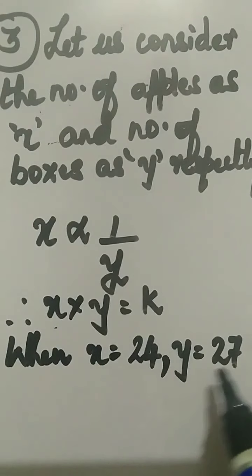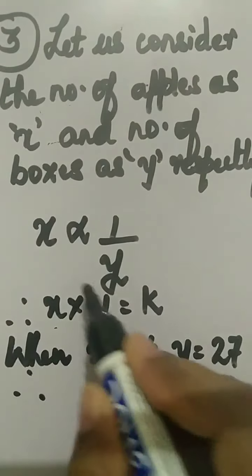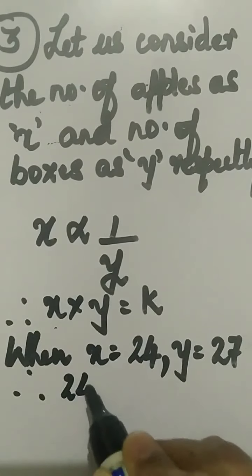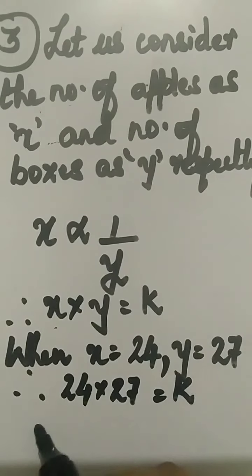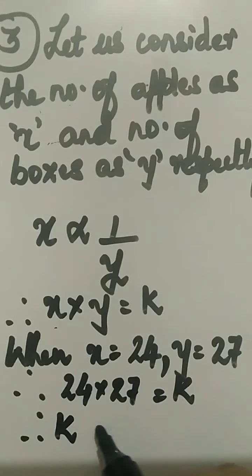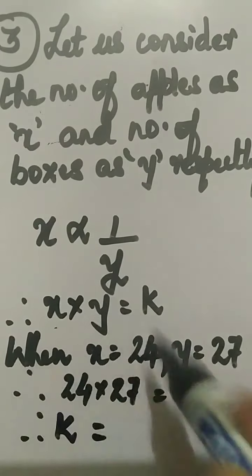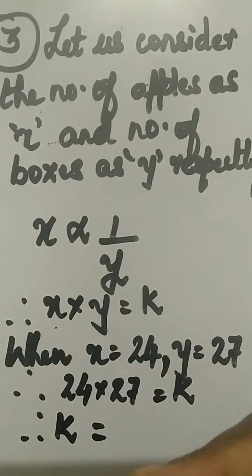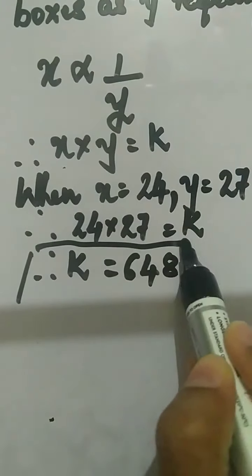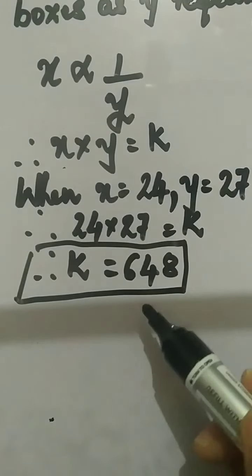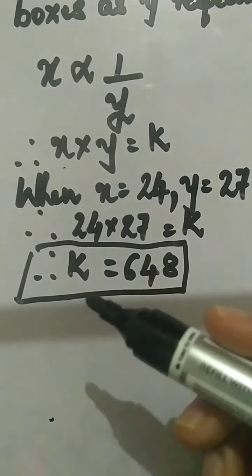So x is 24, y is 27. Therefore, 24 into 27 is equal to k. So what will be k? Multiply 24 into 27 and check with me. So I got k is equal to 648, the constant is 648.